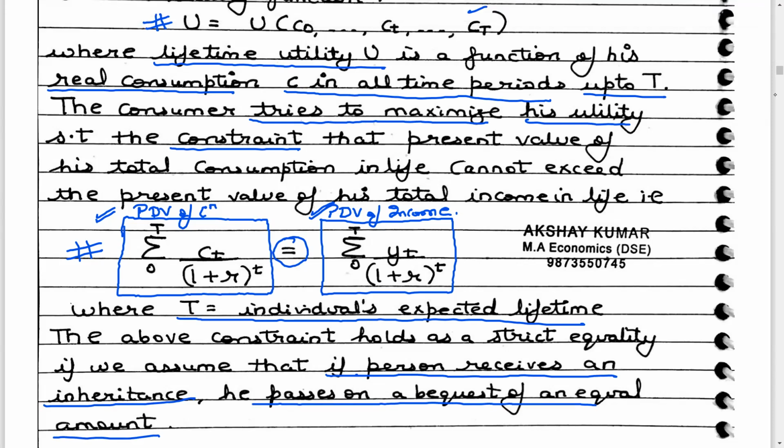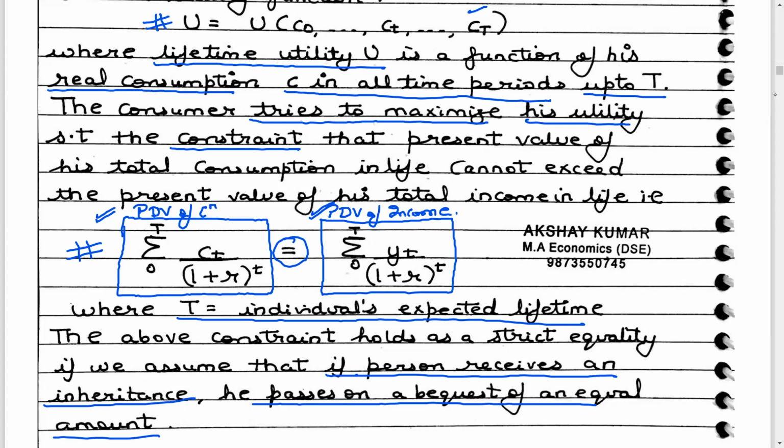That means the model is implicitly assuming that whatever you inherit, you will be exactly passing on the same amount to the future generation. That means ideally you are consuming only from your lifetime income. I repeat, you are consuming only from the income you earn in your life. You are not consuming from the inheritance.